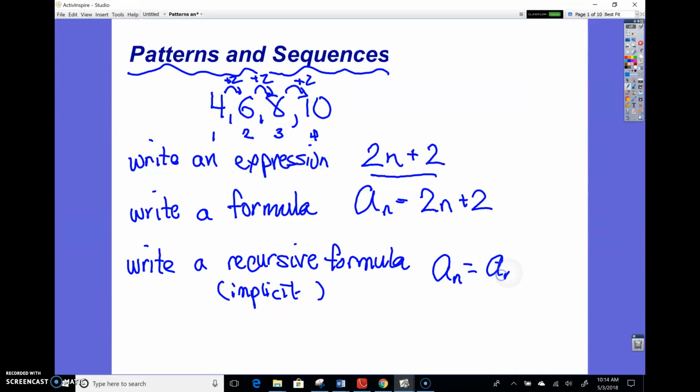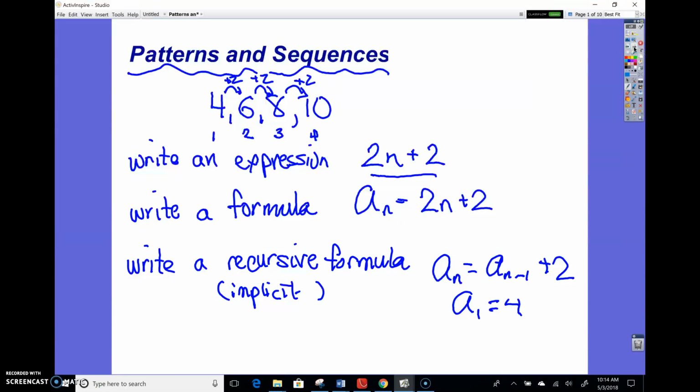So the recursive formula always starts out like this. And how did it change? I add 2, okay? And you have to write down what your first term is. My first term here is equal to 4. So first I got 4, plus 2 is equal to 6, plus 2 is equal to 8, plus 2 is equal to 10. That's what the recursive formula is.